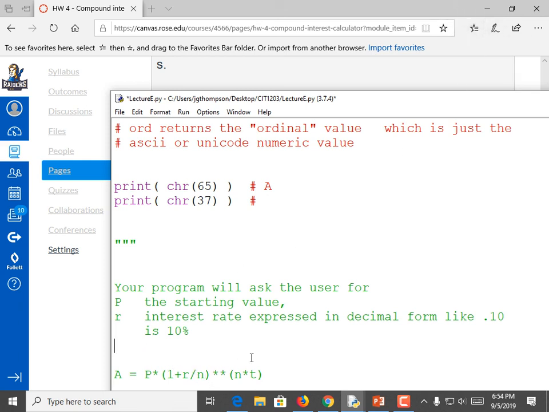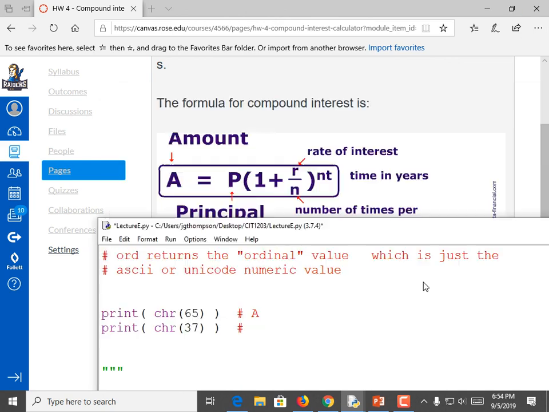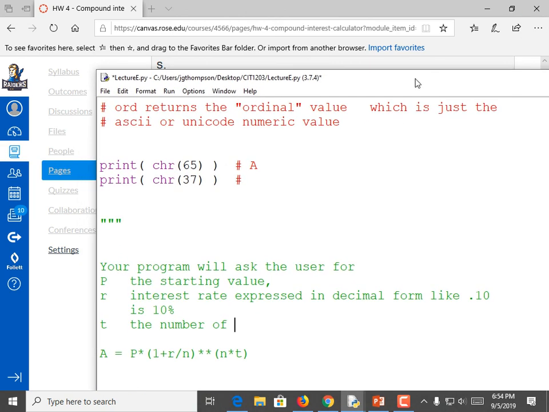Then we're going to need to ask for N, or we could just assume N is equal to 12, but let's ask for T. T, the number of years. Assume N is 12.